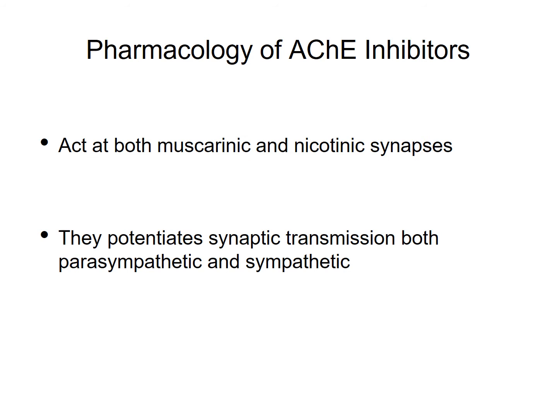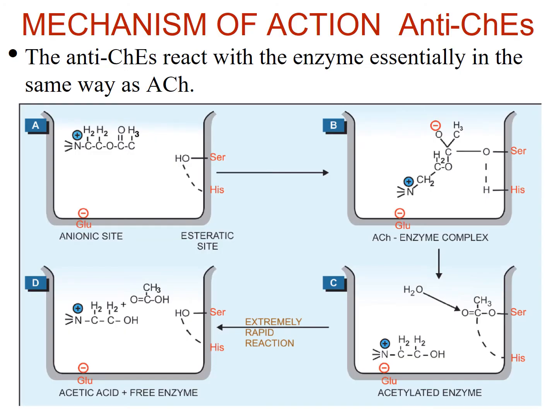Now, the pharmacological action of acetylcholine esterase inhibitors is that it acts both at muscarinic and nicotinic synapses, and they potentiate the synaptic transmission both in parasympathetic and sympathetic system. So, this we have already seen that the anticholinesterases react with the enzyme, that is choline esterase enzyme, essentially in the same way as that of acetylcholine.